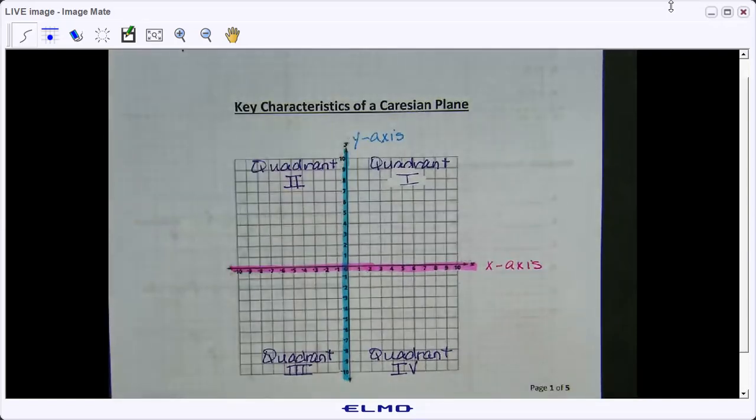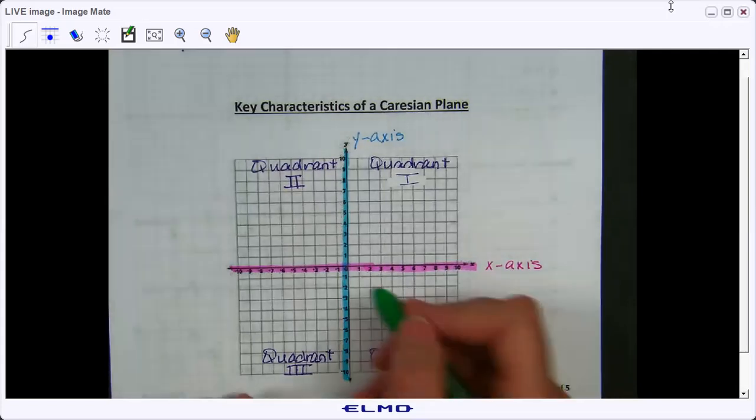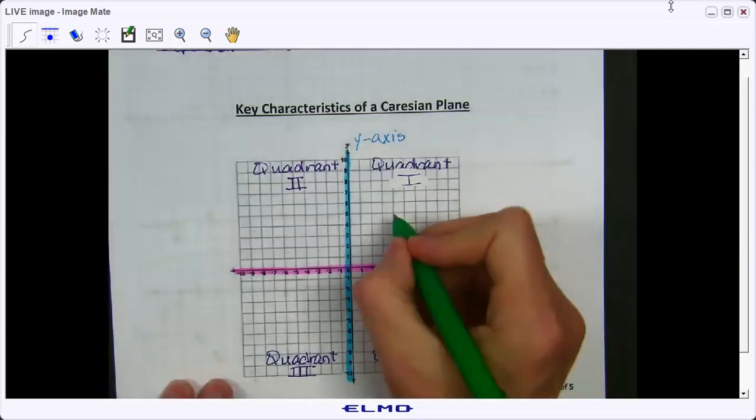And then when we graph in quadrant 1, both the x and y of your ordered pair will be positive. When you graph in quadrant 2, your first number is negative, your second number is positive.